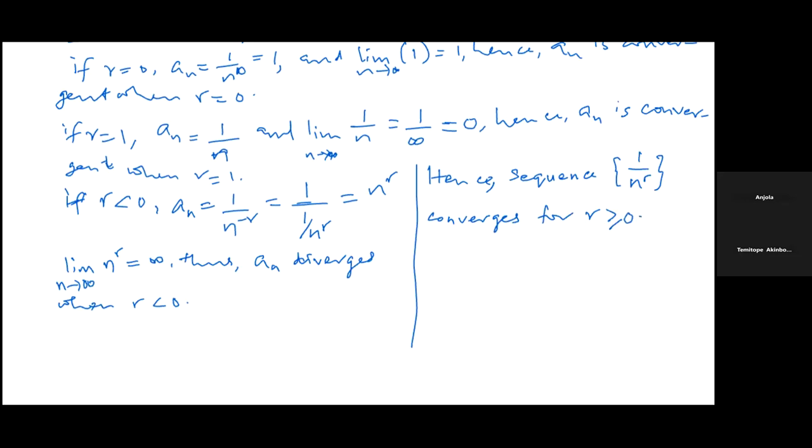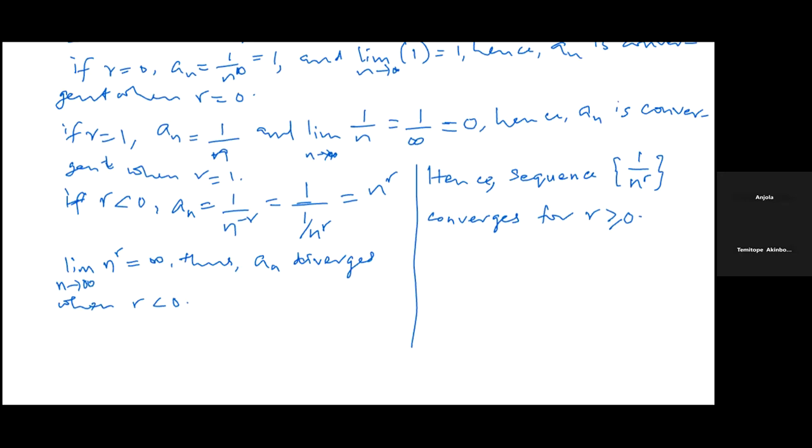When it is 1, it converges. So if it can converge for 1, that means for other values of r greater than 1, it will converge. For instance, let's check it. If r is 2, we're going to have 1 over n squared, and n is tending to infinity.